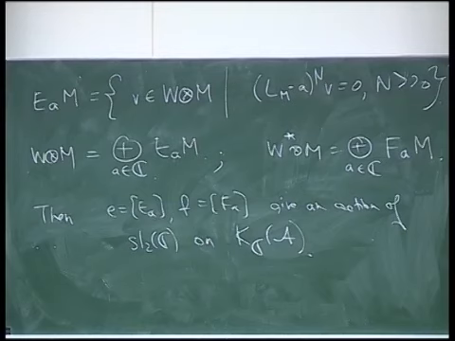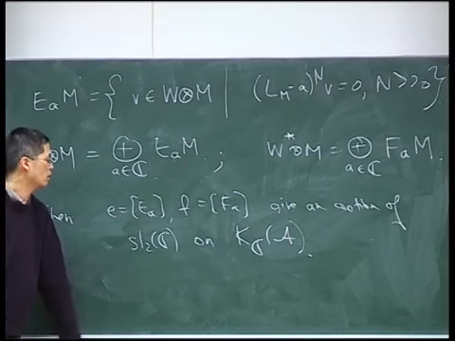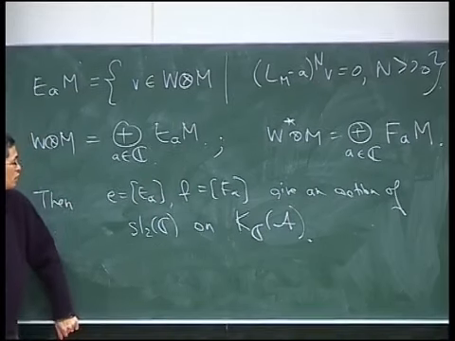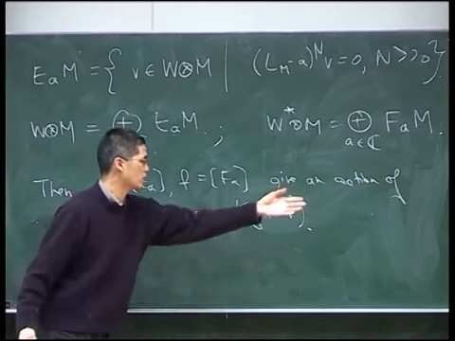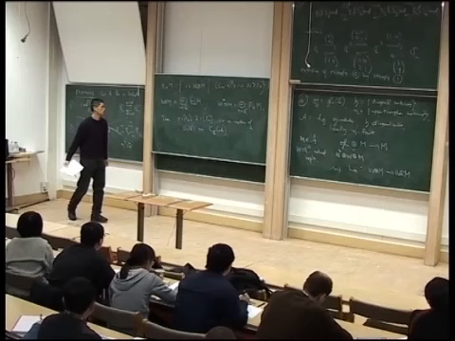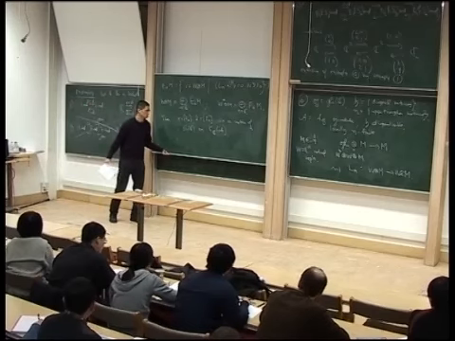In fact, much more is true. If you restrict to the case where a is integral, then you're getting an action of SL infinity. Okay, and so this is, again, very much analogous to the construction of the Fock space in the symmetric group case.